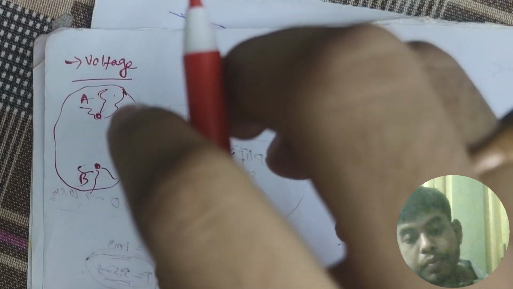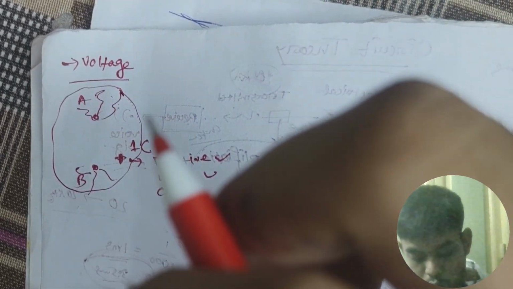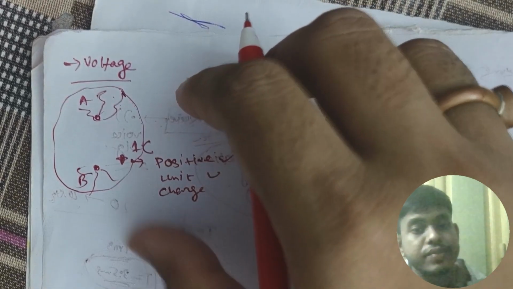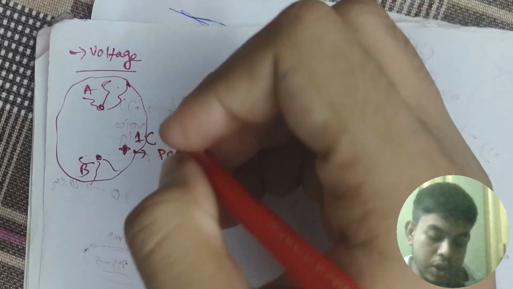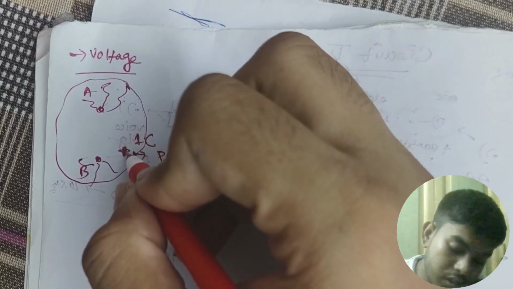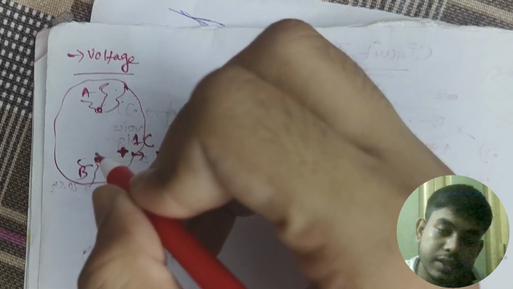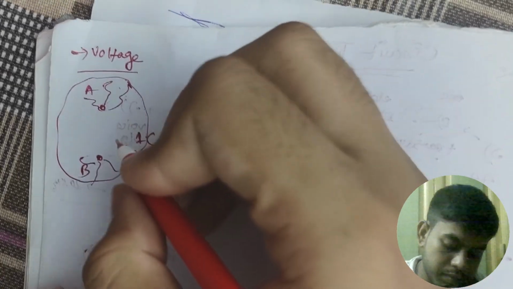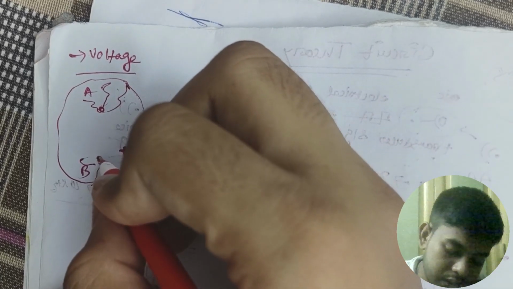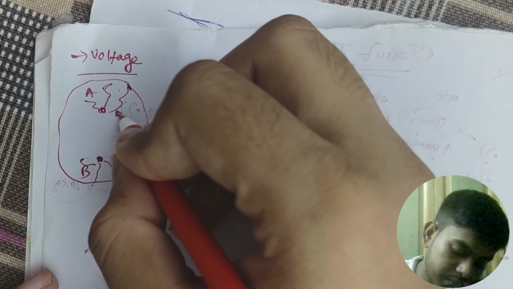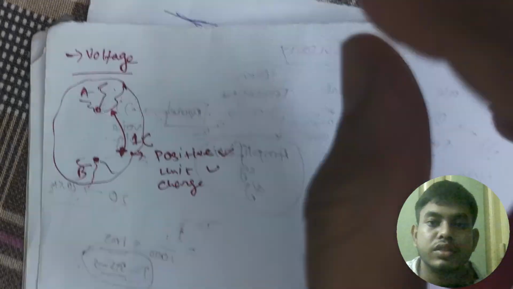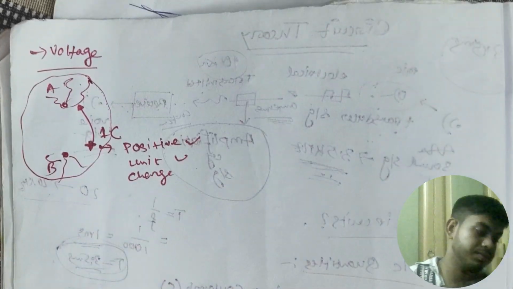Hear it carefully, it is important. What is the voltage? The energy required to move 1 coulomb of charge from point B to point A is known as the voltage.